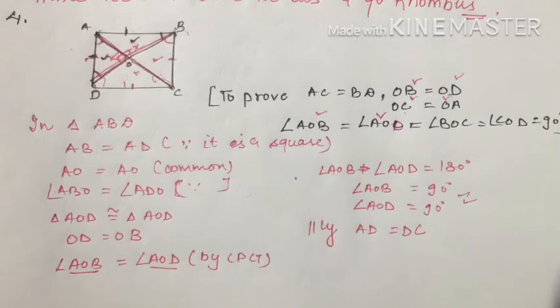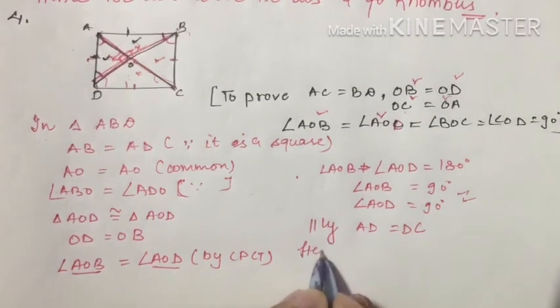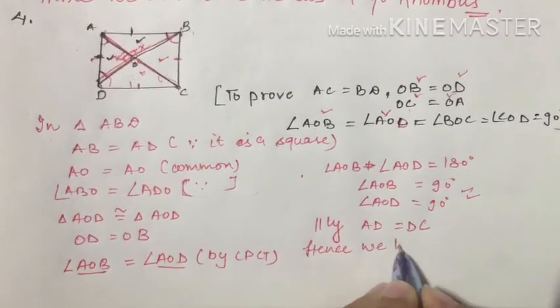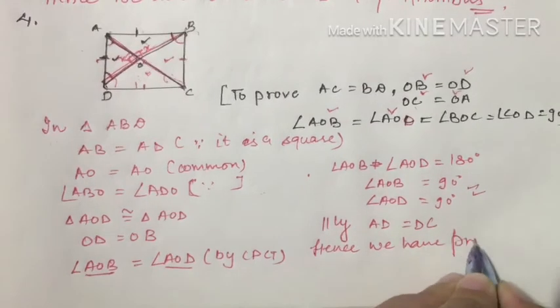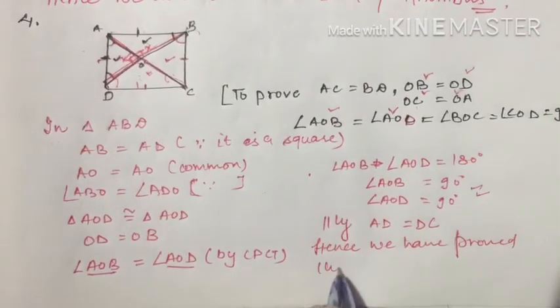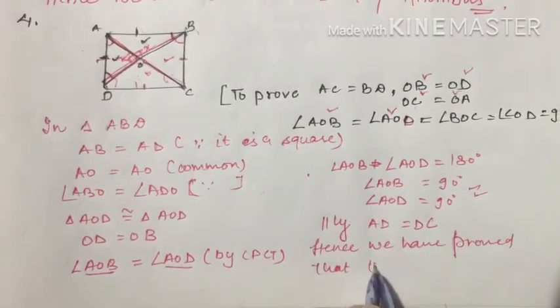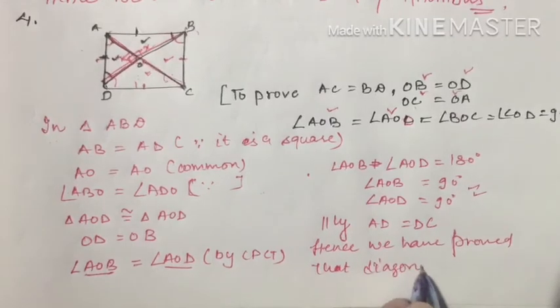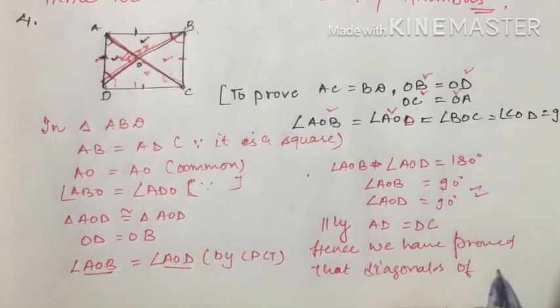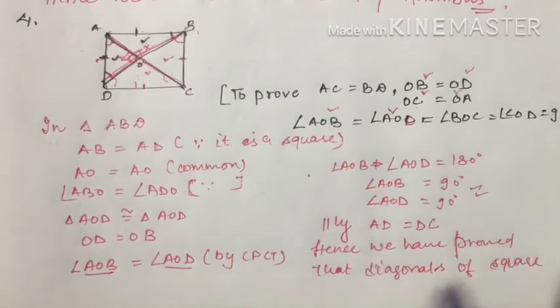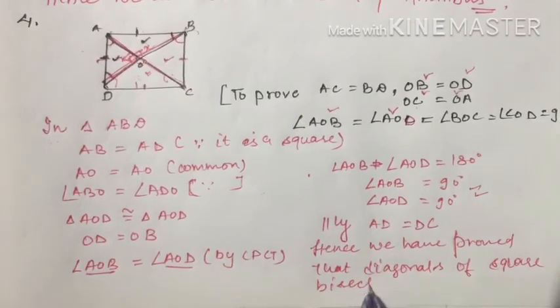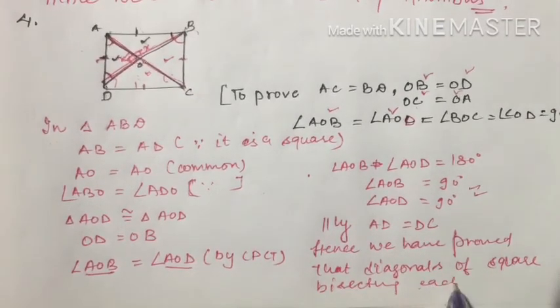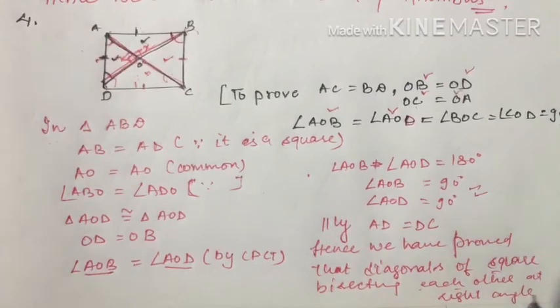At the last you may write, hence we have proved that diagonals of a square bisect each other at right angles.